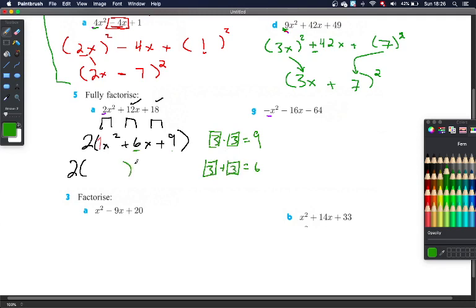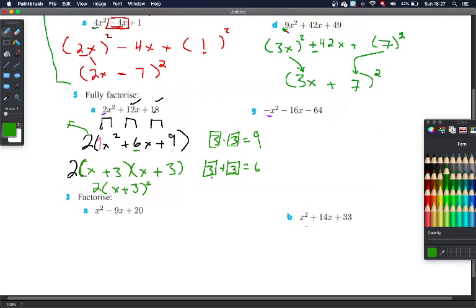So we make our 2 brackets like so, and we put our x here, and one number is positive 3, and the other number is positive 3. So there we go. There's actually a perfect square hidden in here, but you have to take out a common 2 at the very first step. So always look for the common factor. That's a tricky one there.